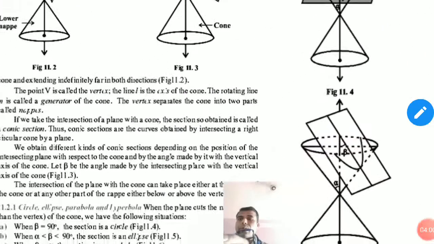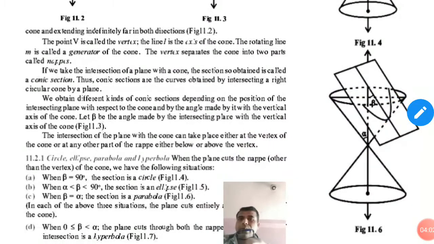Now the third relation: when beta is equal to alpha, the section is a parabola, in figure 11.6. So this is figure 11.6. When beta and alpha are equal, this plane is parallel to the generator on this downside.